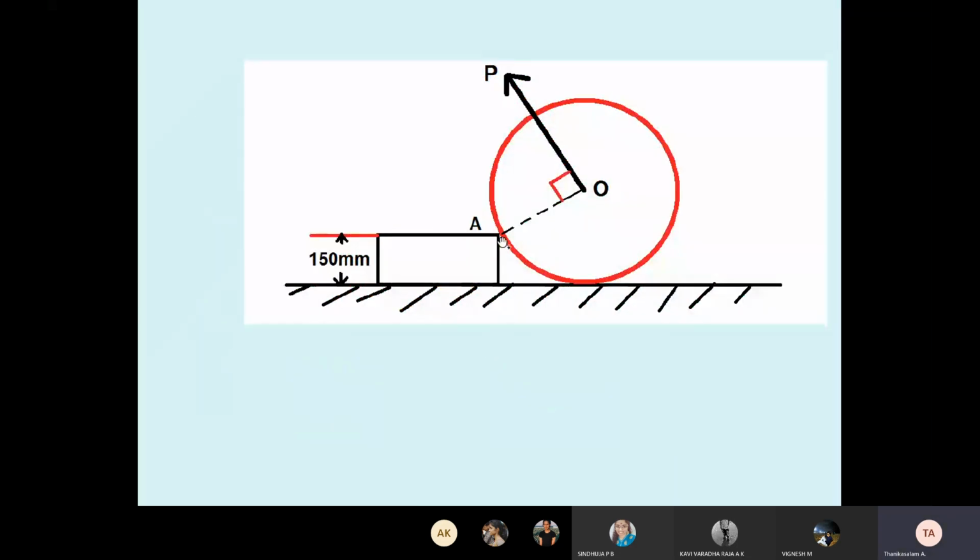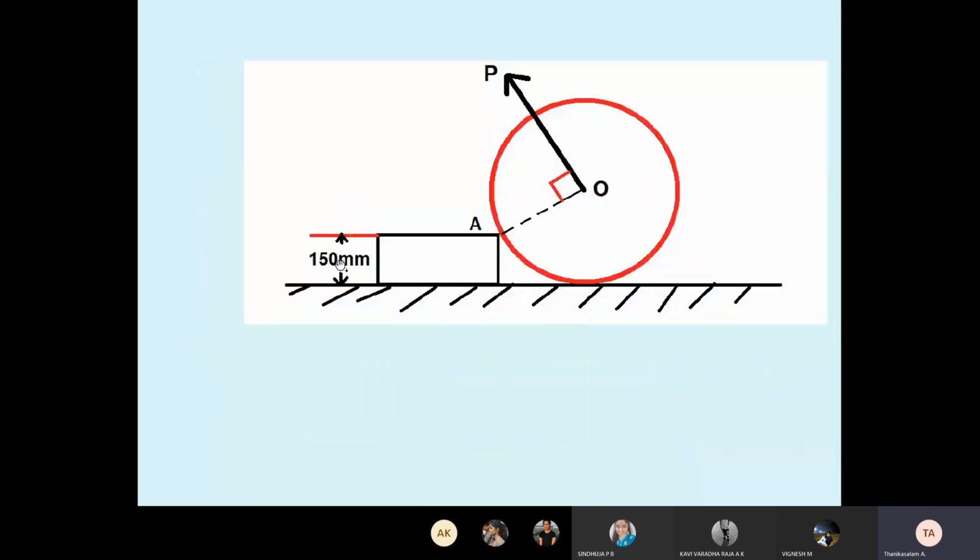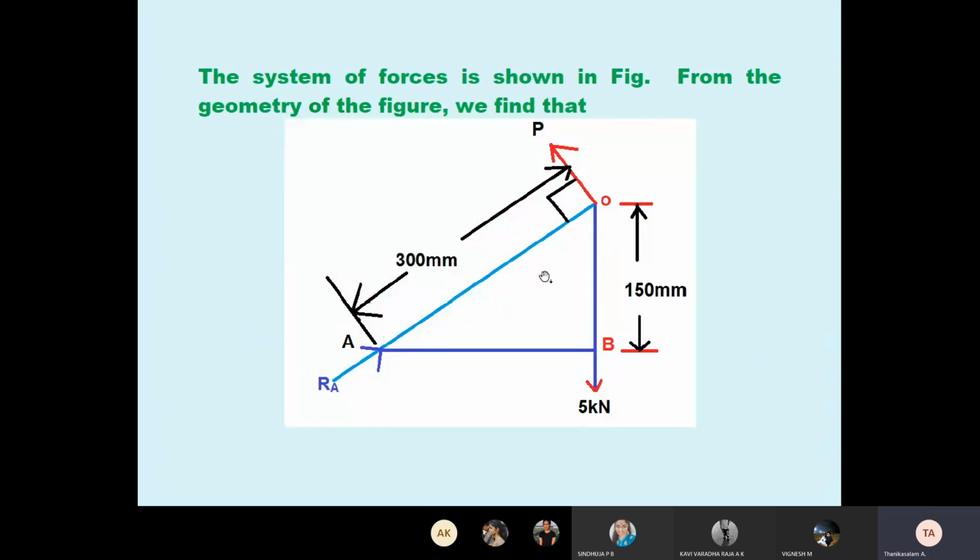So the balance height is 150. Therefore the B point is at the horizontal corresponding to A, and that makes the triangle. So 300 means OA, the radius, and 150 is 300 minus 150. I have taken it as triangle OAB.